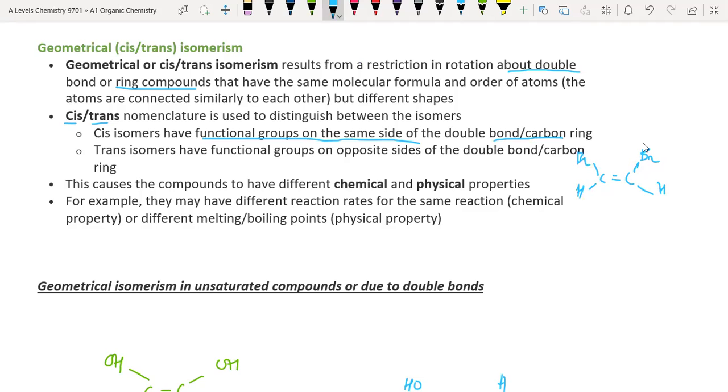These two, if these two are on the same side, it would be cis structure. Or if they are on opposite sides, like this and this, okay, this is trans structure.